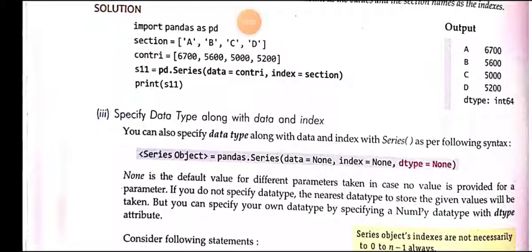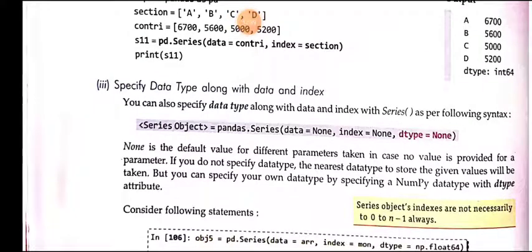So you can also specify the data type along with the data and indexes with the series as per the following syntax: series object is equal to pandas.Series(data=value for data, index=value for index, dtype=value for data type). None is the default value for the different parameters, taken in case no value is provided for a parameter.